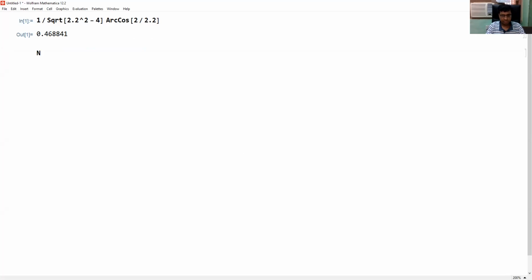We use NDSolve: x dash of t equal to 2 x of t minus 2.2 x of t minus tau.